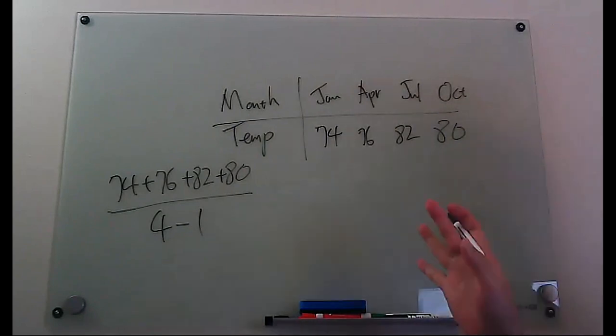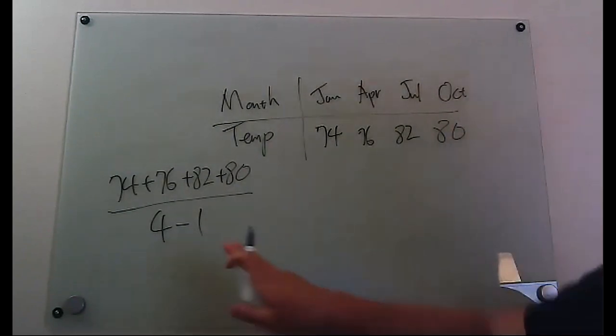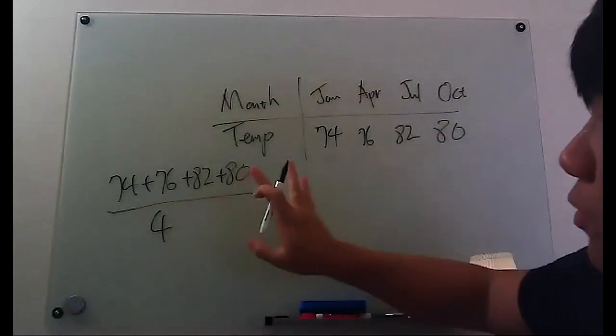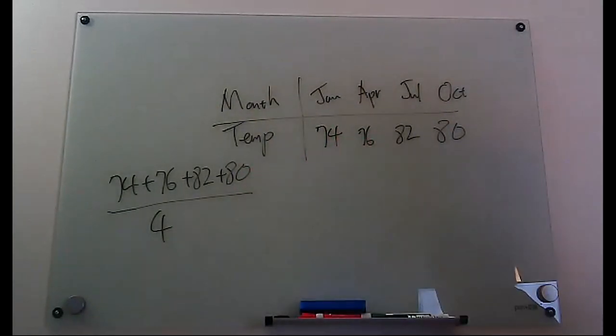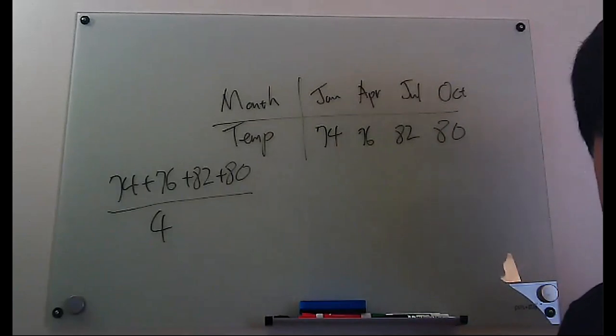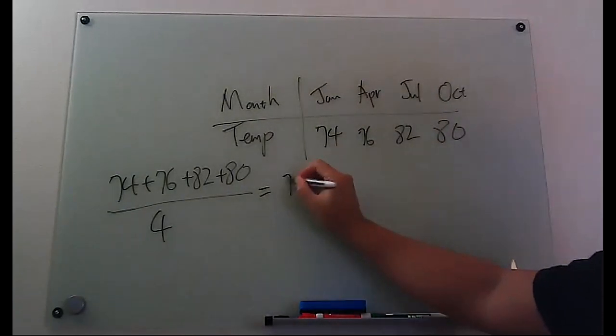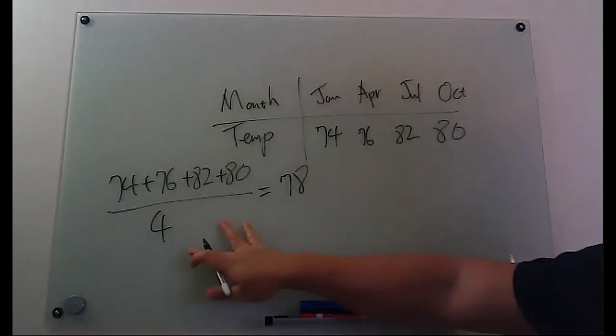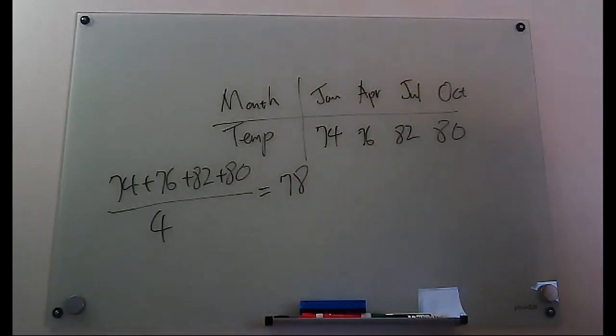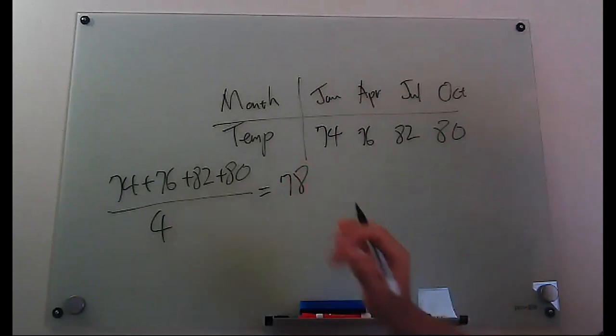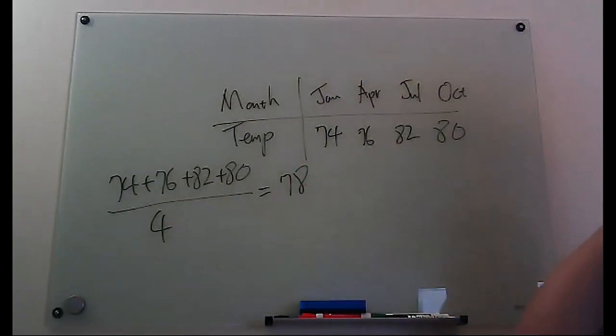Oh, sorry, I made a mistake. Actually, we are talking about the population for now, but I will discuss the sample later. Sorry for the confusion. This would be 78. I will come back to the sample part later, but we are looking for the population average.